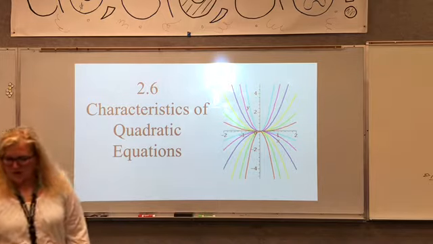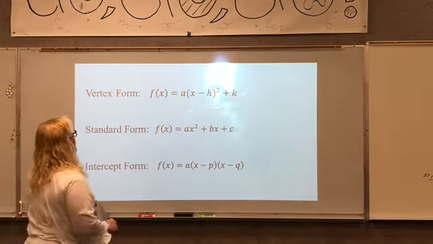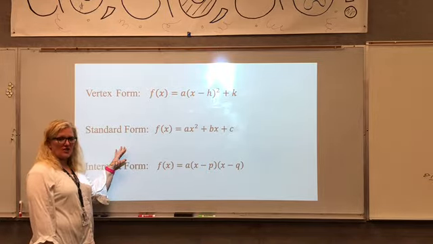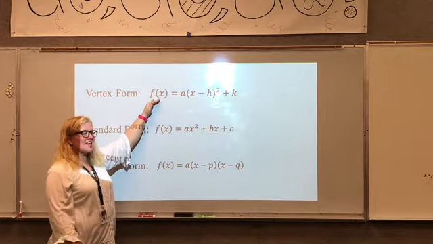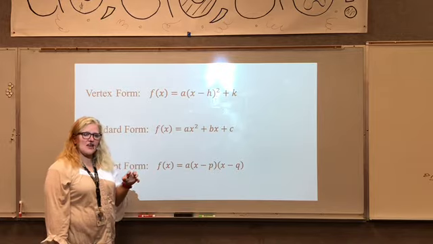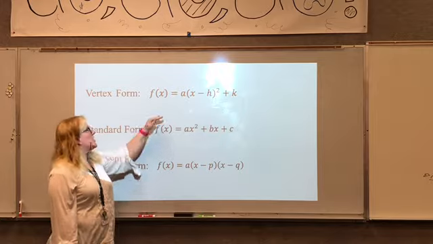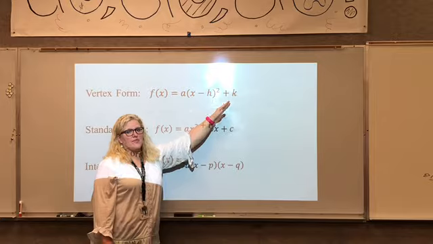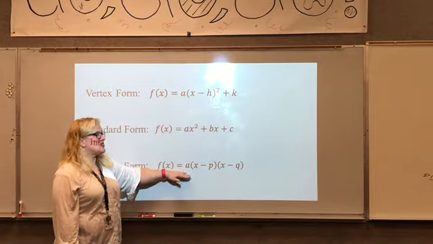All right, so characteristics of quadratic equations. There are 3 different forms of a quadratic equation that we're going to cover today. And when an equation is in each one of these forms, we can get information easier than in others. For example, this is the vertex form. The vertex is (h, k), so I can find the vertex very easily, but I can't with these 2 forms.